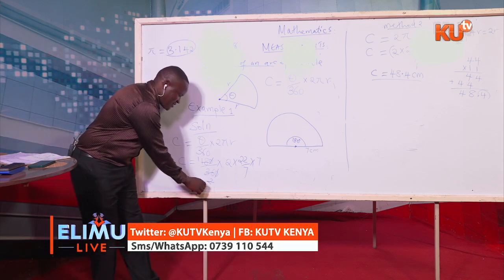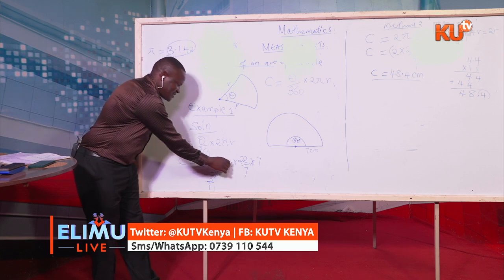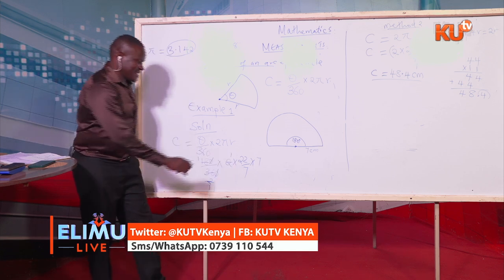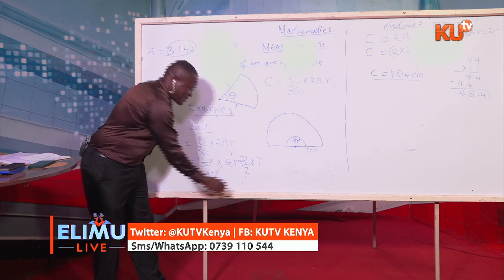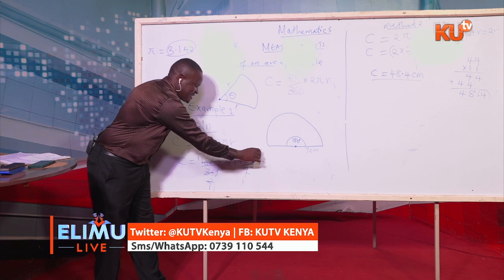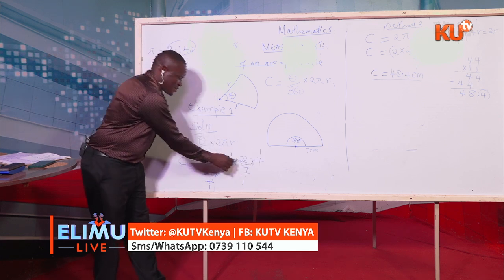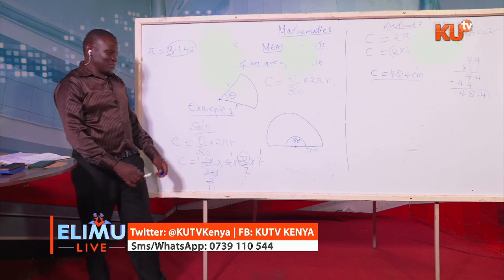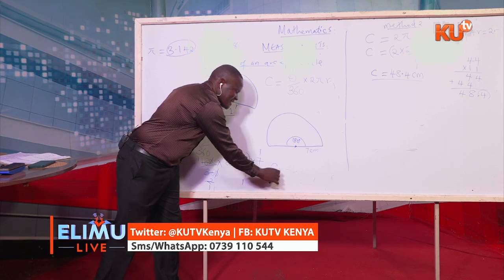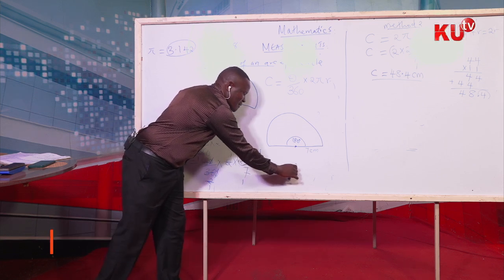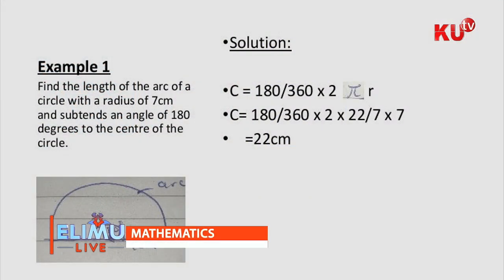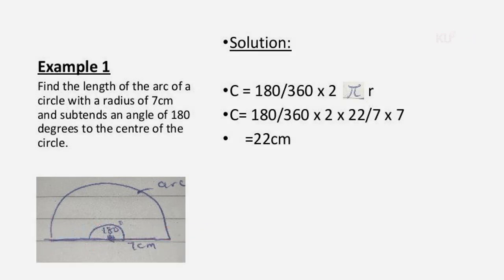Then 2 into 2 once, into 2 1. 7 into 7 once, into 7 1. So we are left with 22 to be the circumference of the arc, 22 centimeters. So the circumference of our arc is 22 centimeters.